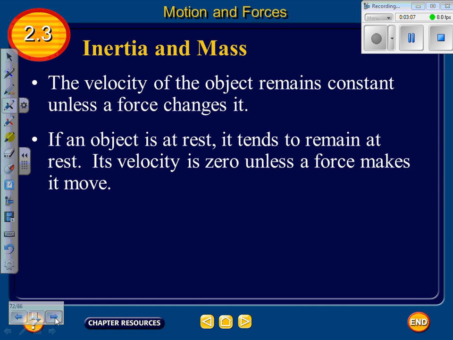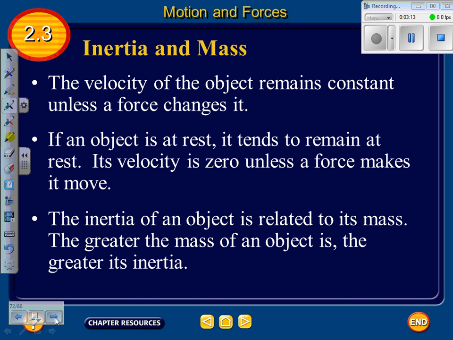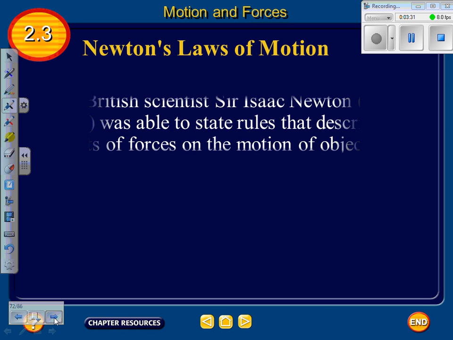If an object is at rest, it tends to remain at rest. Its velocity is 0 unless a force makes it move. The inertia of an object is related to its mass. Remember from the quiz we had an example that a bowling ball will be harder to stop than a soccer ball because it has more mass and therefore greater inertia.